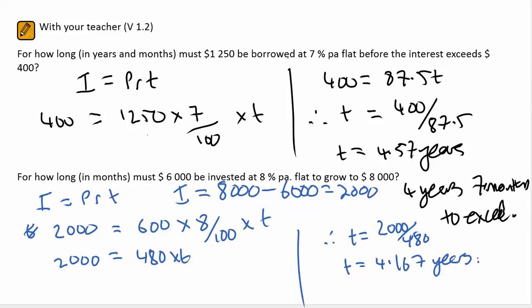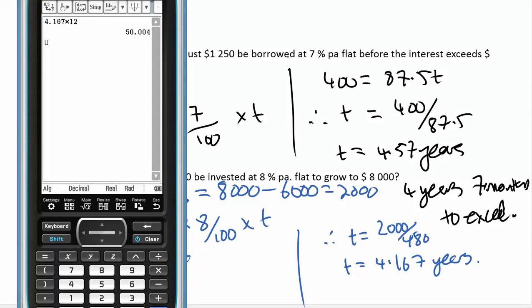That's 4.167 years. So on my calculator, 4.167 by 12 gives me 50 months. So to convert years to months, of course, we multiply by 12.